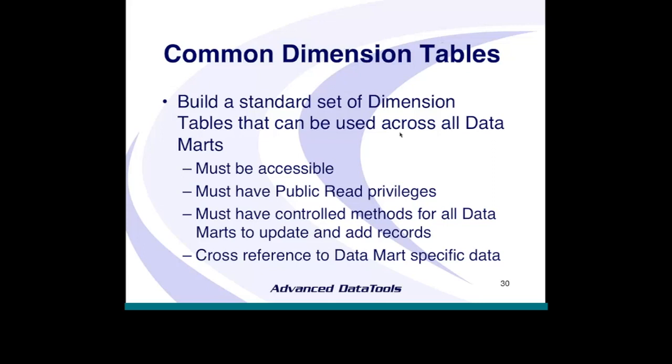Let's build a cross-reference system in the common dimensions so that we can go from one to another. You don't want to get into saying one's better than the other or everybody should use one or the other. You want to build a cross-reference system so people can use both product codes. And that way, the data can flow through pretty seamlessly.